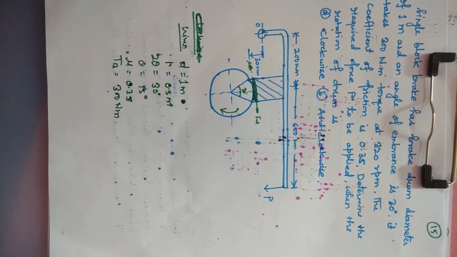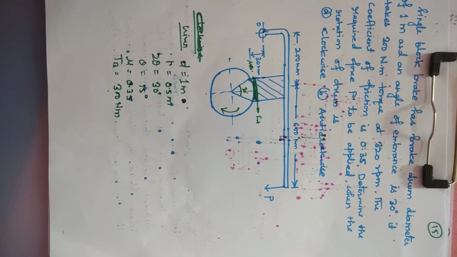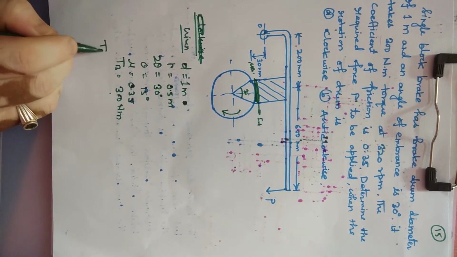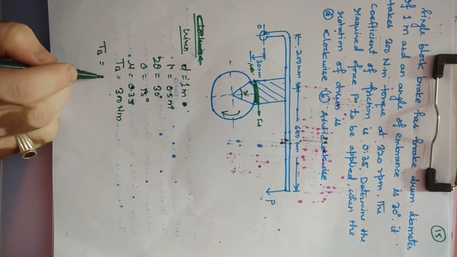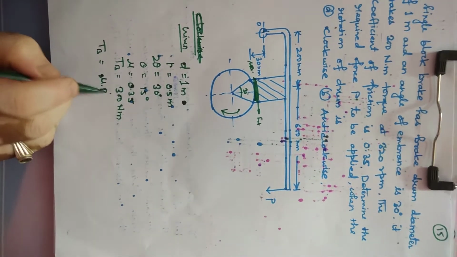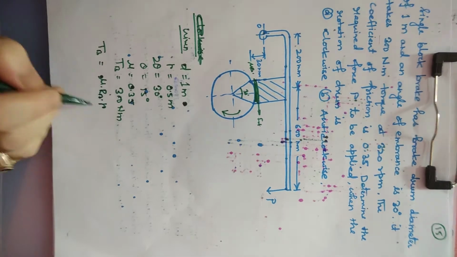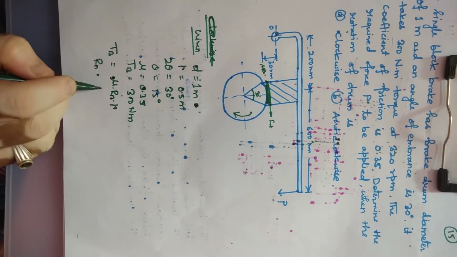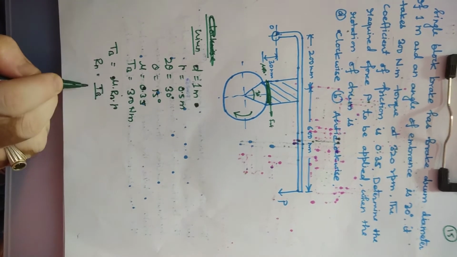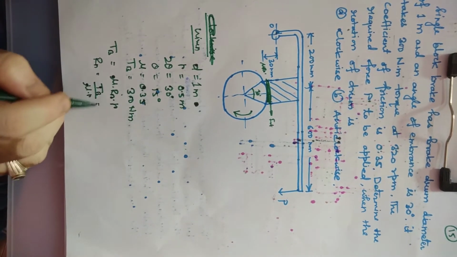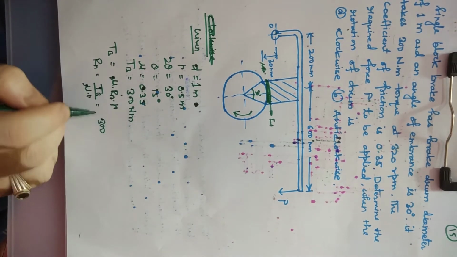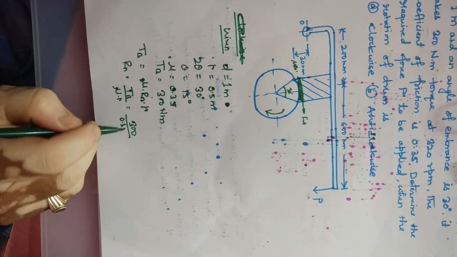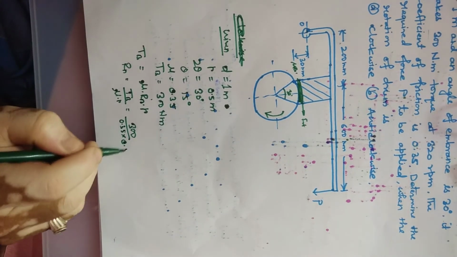Okay, now the braking torque. What is the braking torque? As we all know, the braking torque TB is mu Rn into R. Now Rn is equal to TB by mu into R. Now TB is 300 and mu is 0.35 into radius 0.5.